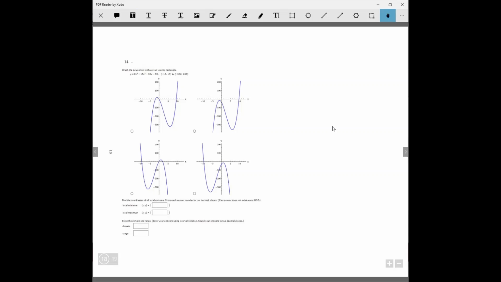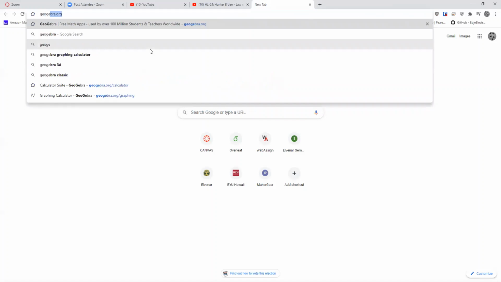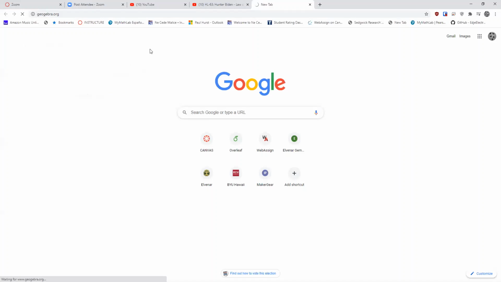Okay, let's look at number 14. What we're supposed to do here is graph this polynomial in this window here. Let's walk through that. I'm going to go to my GeoGebra and start the calculator there.